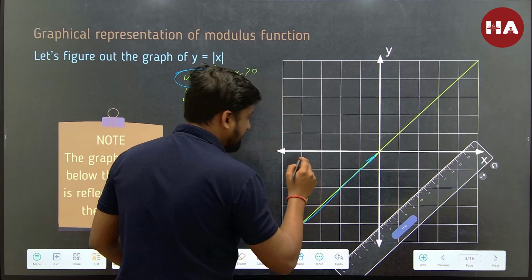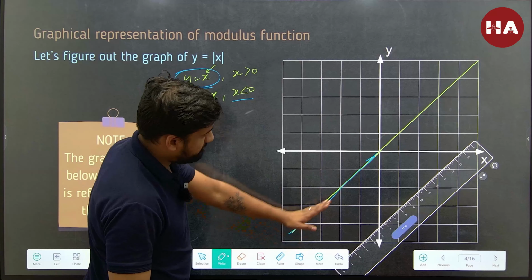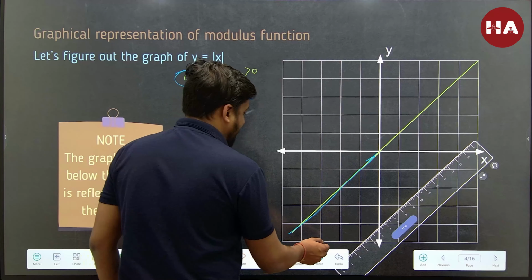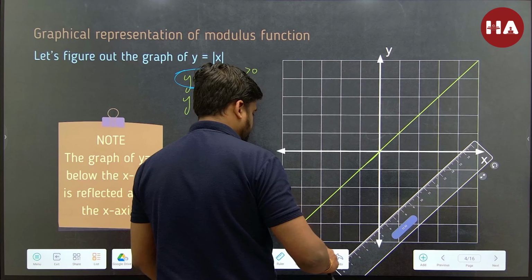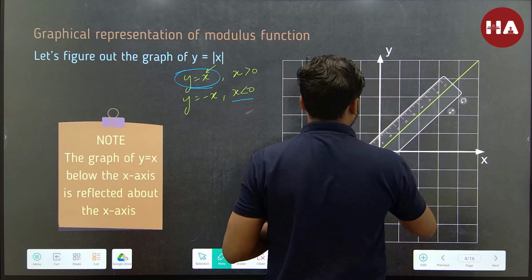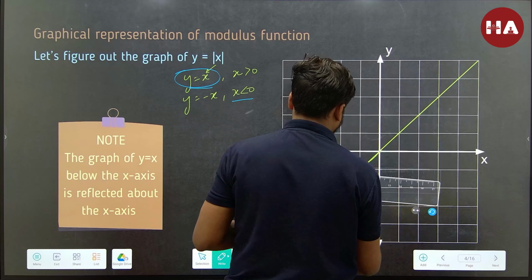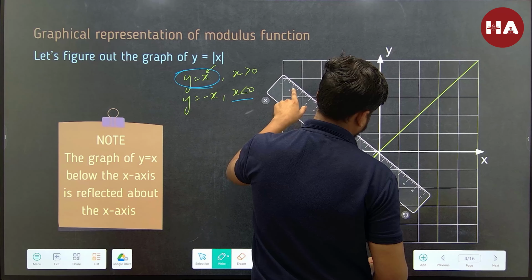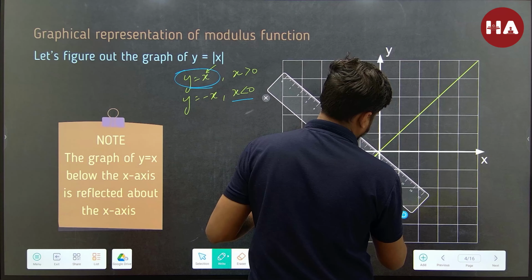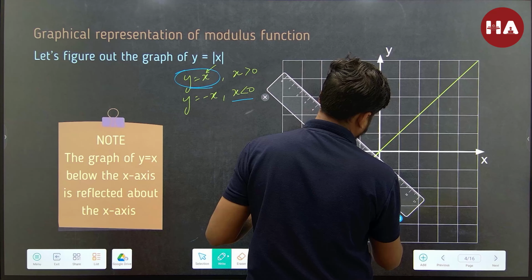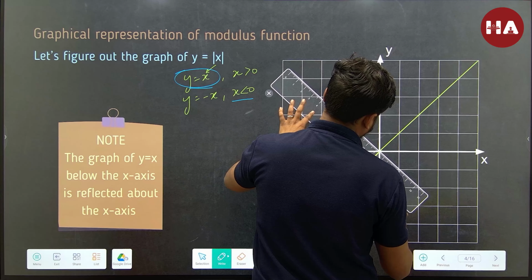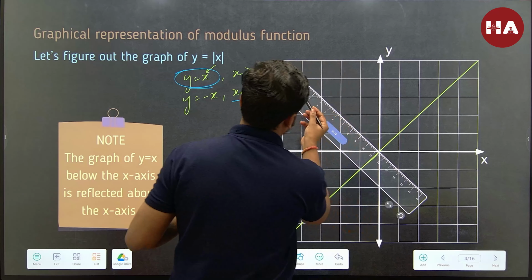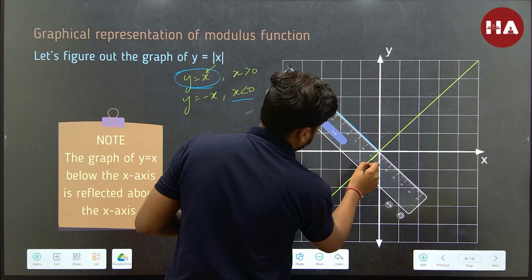For this part, the blue part that I've drawn, I'll reflect it in the x axis, and when I do that, I'm going to get the previous graph that I actually drew. All right, and you'll get something like this.